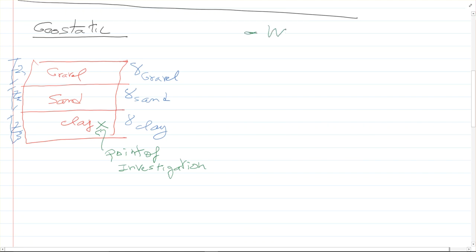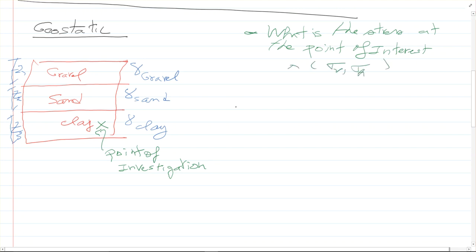What is the stress at the point of interest? Now here by stress I mean sigma v and sigma h components.